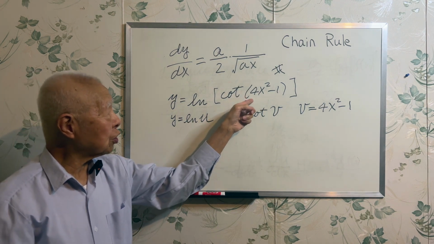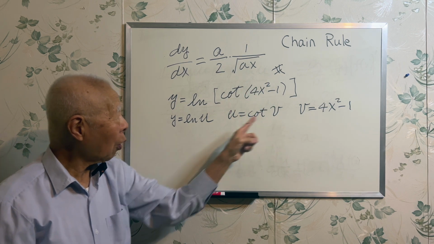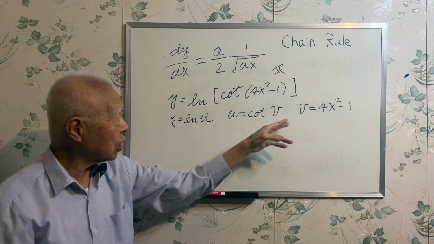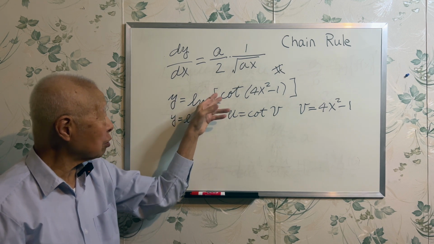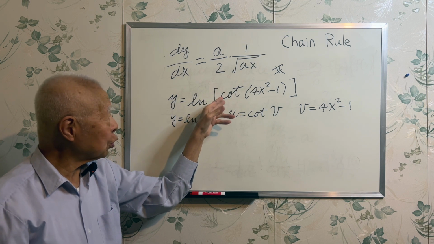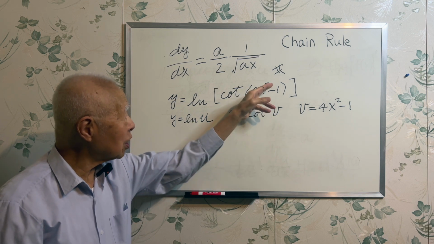And you call this whole thing v. So I have these three relations now. y is log u. u is cotangent v. v is this.